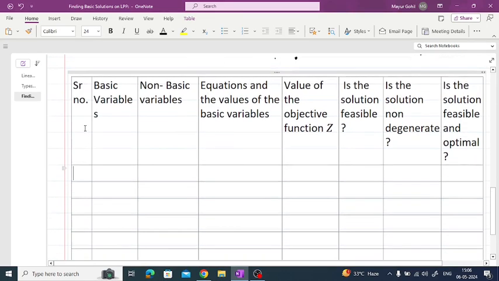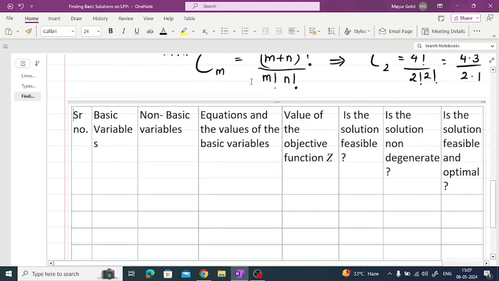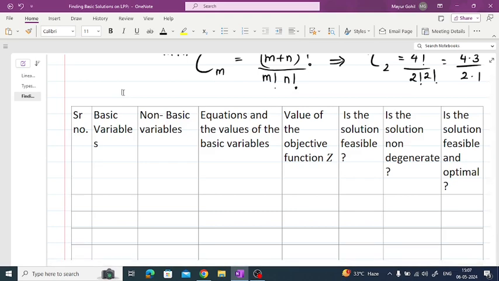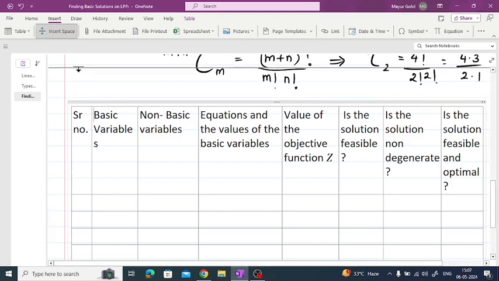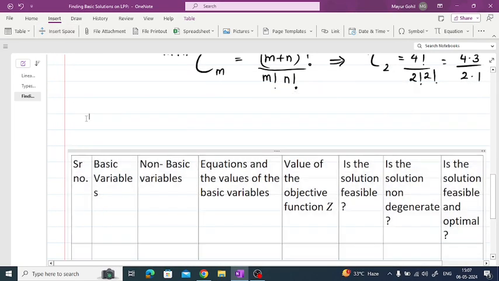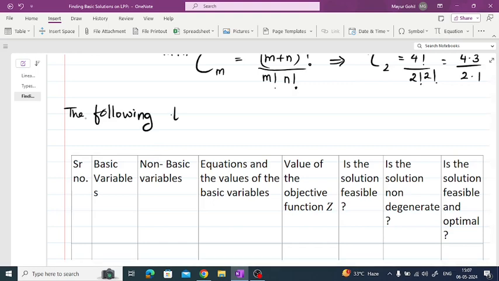Now we are in a position where we can write down. So here, before writing down the table, we can write the following table gives the summary of the characteristic of the various basic solutions, something like that. I'll insert some space.